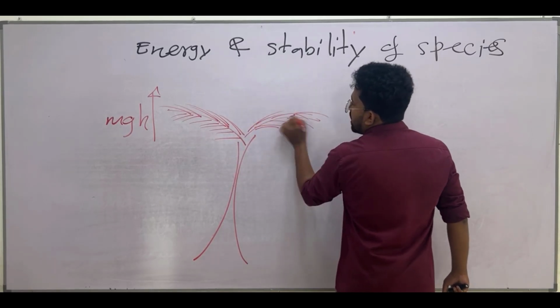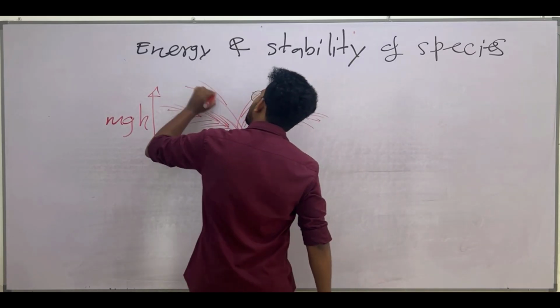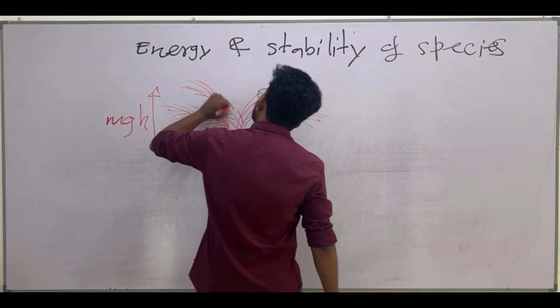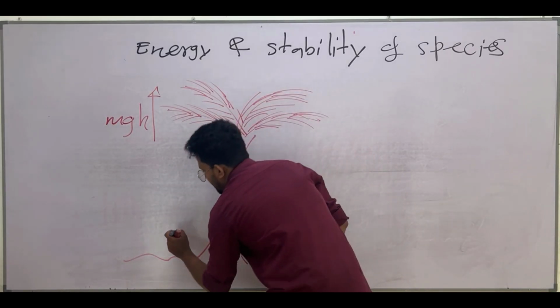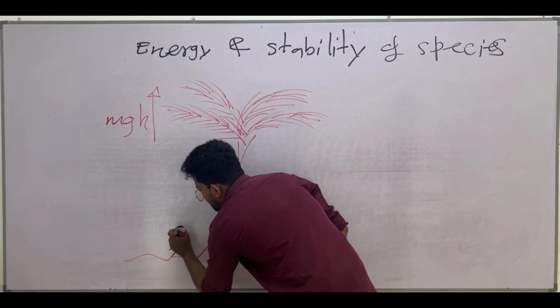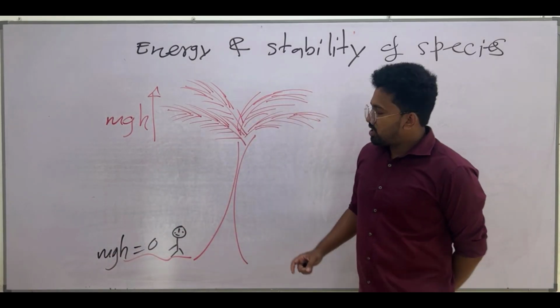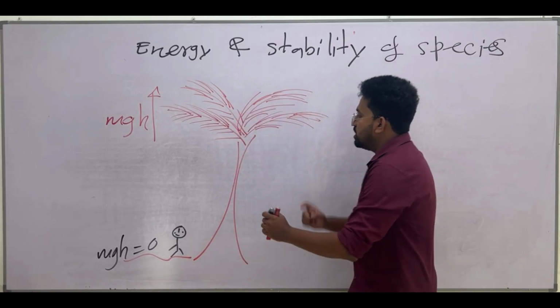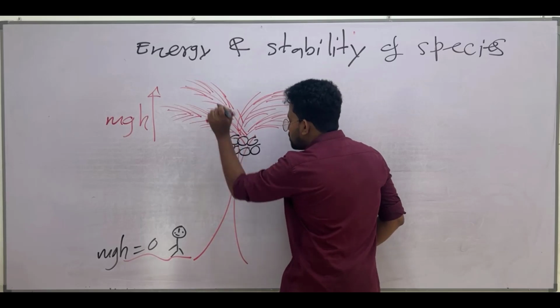Our height will increase. So when we are at the point where height is 0, we have more stability. When we are trying to get some fruit, right?